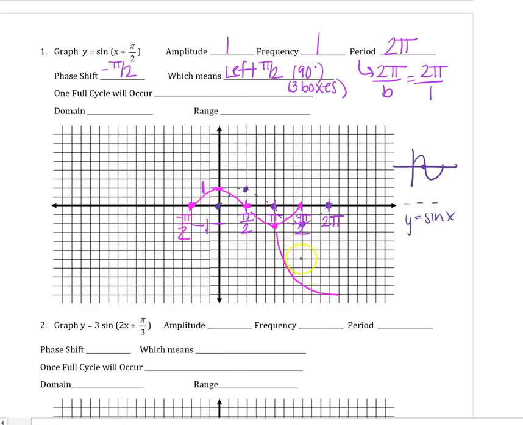So I'll label this. We're just going to graph one cycle of it. This would continue on and on and on. But this graph is now y equals sine of x plus pi over 2.